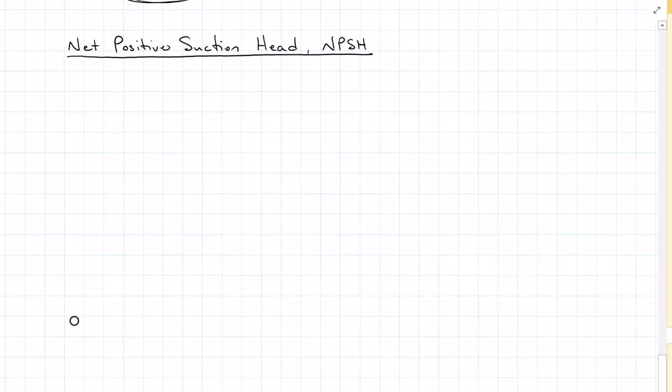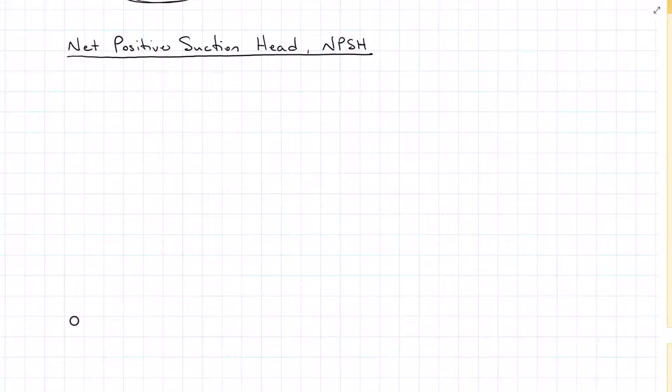One crazy thing about designing for pumps is the net positive suction head, which we need to check for cavitation. Cavitation occurs when the liquid's pressure falls to or below the vapor pressure of the liquid. And this often happens on the suction side of the pump.